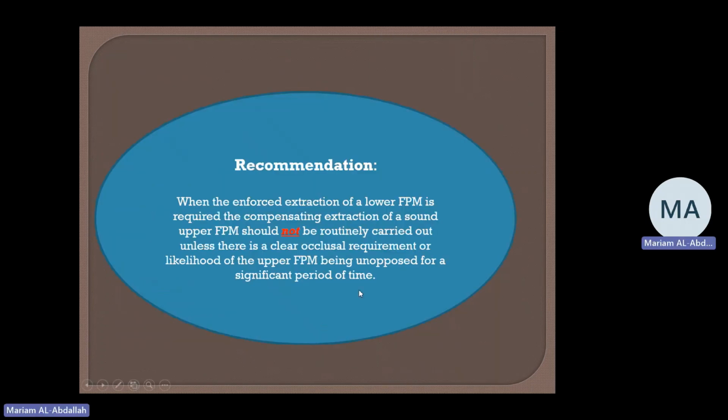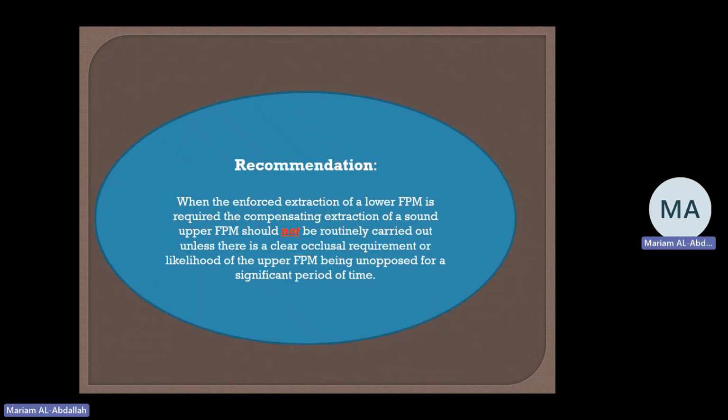So the recommendation is when enforced extraction of the lower first permanent molar is required, compensating extraction of a sound upper first permanent molar should not be routinely carried out. If the upper first permanent molar is sound, that means there is no caries, okay, and it's a good prognosis, then you do not extract for routine management to avoid over-eruption.